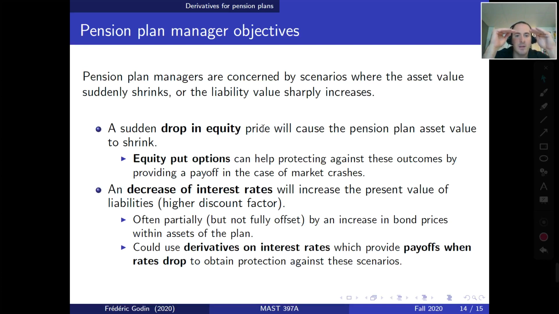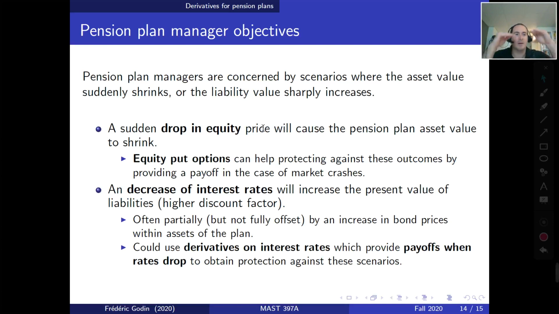Either there's a sudden drop in the value of assets. So if assets go down, then your plan becomes insolvent. Or if the liabilities suddenly go up, then you also have a problem because your solvency ratio will plunge below 1. So you'll have liabilities with higher value than your assets.